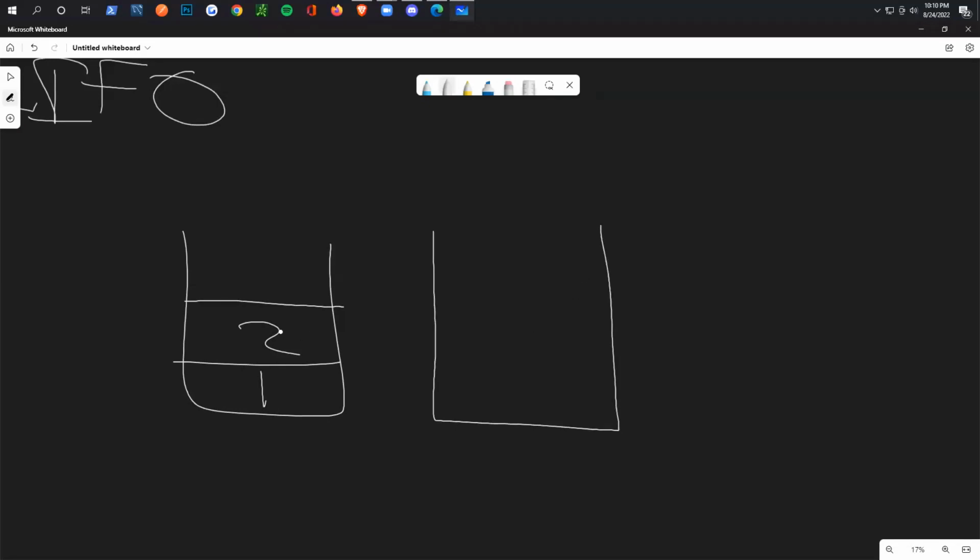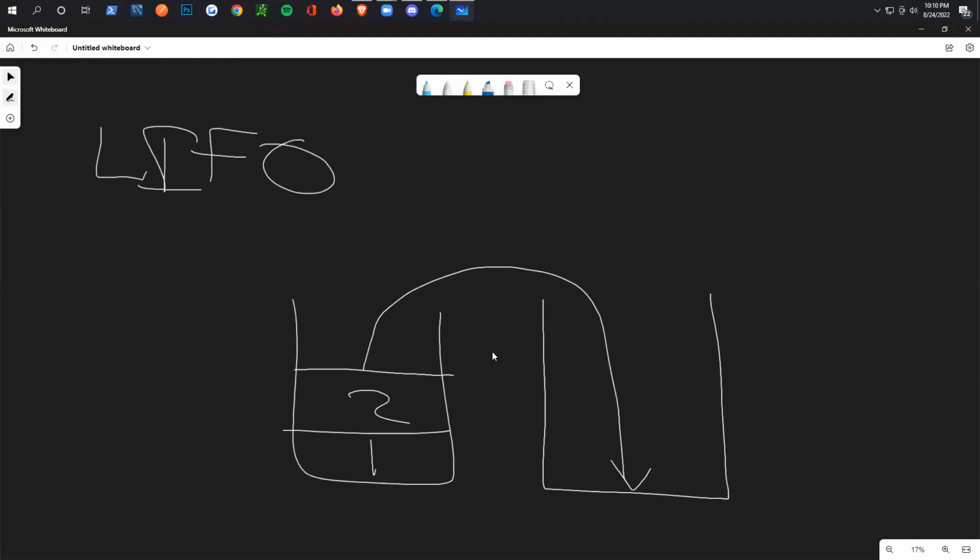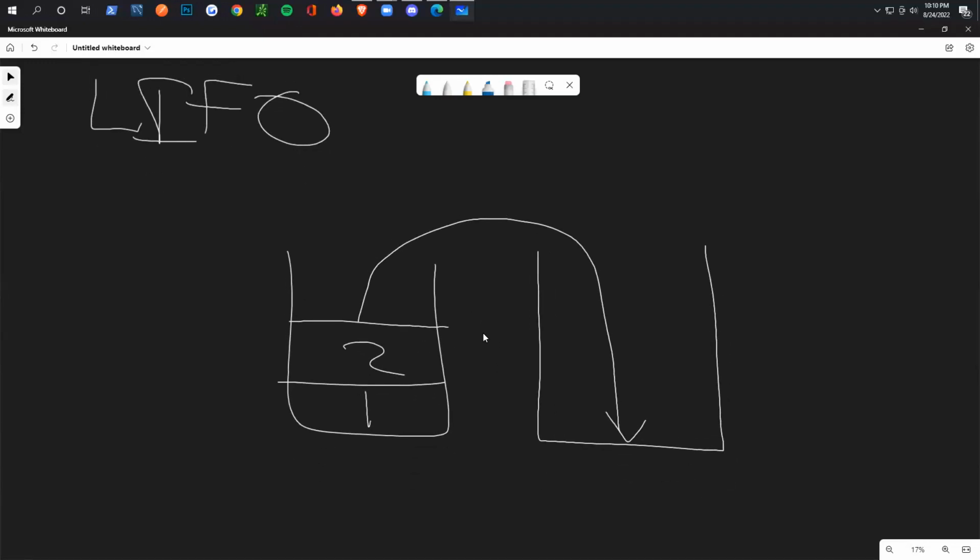So all we have to do is literally just pop something off and place it into the other stack. Because think about it, if you have a last in, first out data structure, by placing the last thing in first, you can kind of reverse that logic. It's kind of like first in, last out, if you think about it like that.